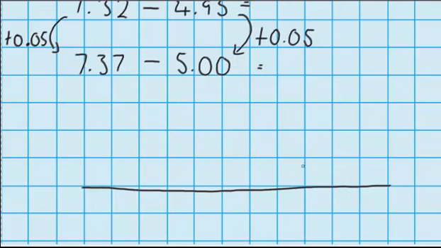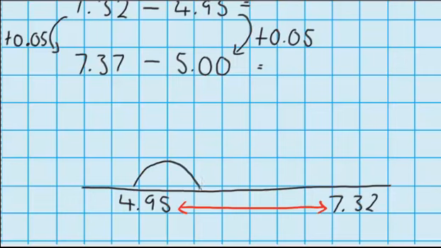So here's my number line, and on my number line I'm going to have 7.32 and I'm going to have 4.95. And our aim is to find the distance between these two numbers. Now to make this question easier to answer, I changed my 4.95, I made it bigger.